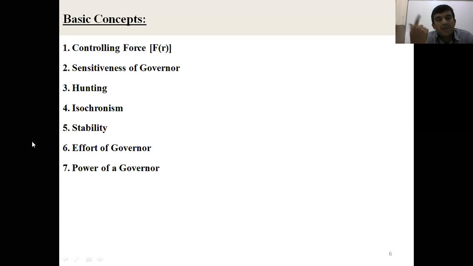The problem may be on the Porter governor or Hartnell governor. Suppose if they ask for derivation for the Porter governor, definitely they will ask the problem on the Hartnell governor, and vice versa.